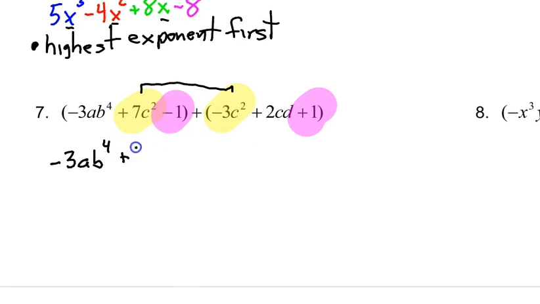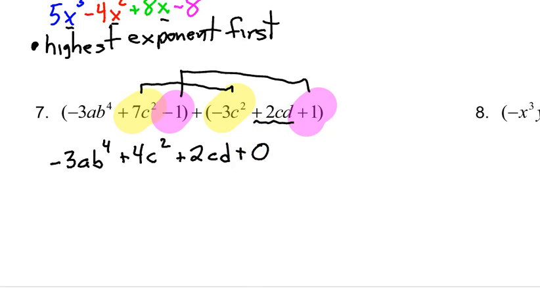So we have 7 minus 3, which is just 4. And then we have this 2cd where there are no other variables that are c and d, so we'll put that next. And then lastly we have this negative 1 and plus 1, which equals 0, but you don't actually write the plus 0 on the end, so we leave it off.